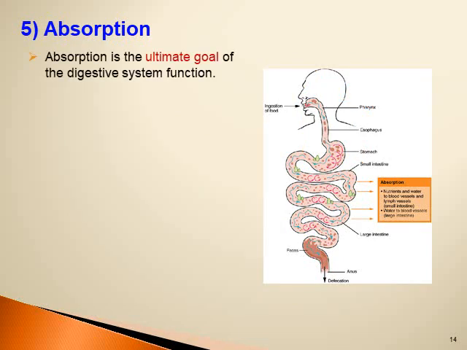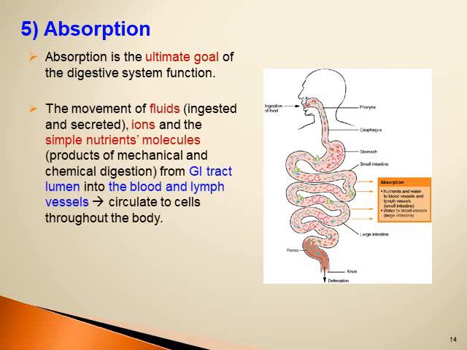Absorption, the fifth basic function. Absorption is the ultimate goal of the digestive system function. It is the movement of fluids ingested and secreted, whatever we eat, plus the secretion of the glands, and also ions as well as the simple nutrient molecules.